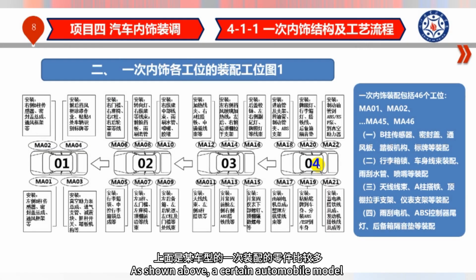As shown above, a certain automobile model involves a large number of components in primary interior assembly.